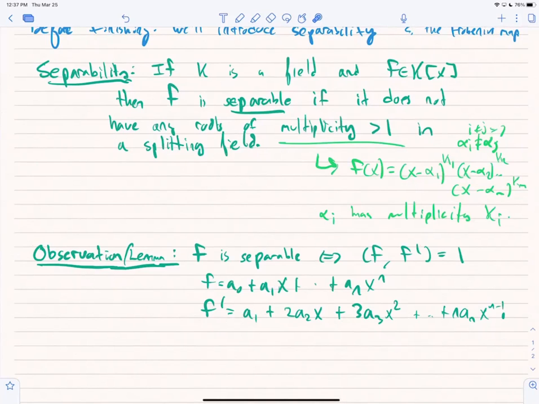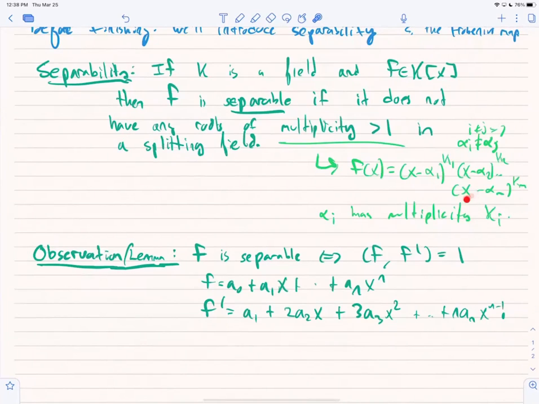This definition is compatible: if I think of f as being in K brackets x, or in L brackets x for L a splitting field, the formula for differentiation stays the same. In a splitting field, I can factor f into linear factors and take the derivative formally.